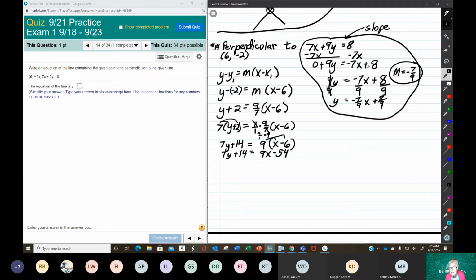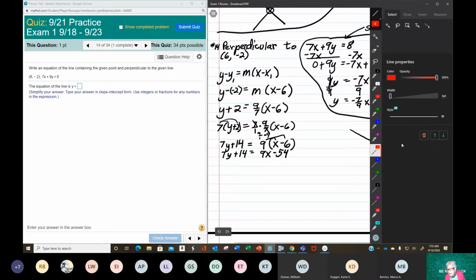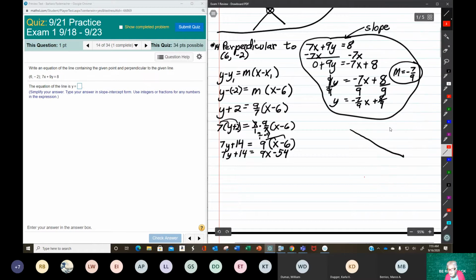Okay, this line is going to look kind of like this. What we're trying to find is a line that looks like this, and crosses this line, which is 7x plus 9y equals 8.